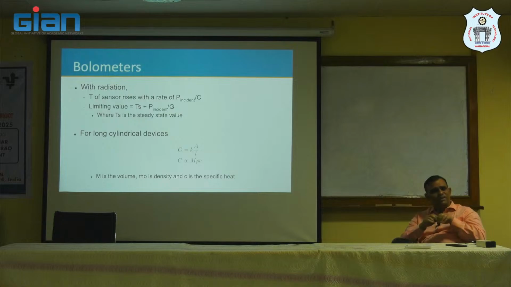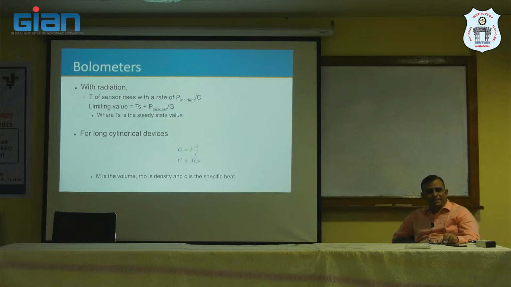Typically if you have long cylindrical devices like wires, that is the kind of heat conductivity equation you have, which looks very similar to the resistive conductivity. So what's the resistance of a cylindrical wire? Rho L by A, right?